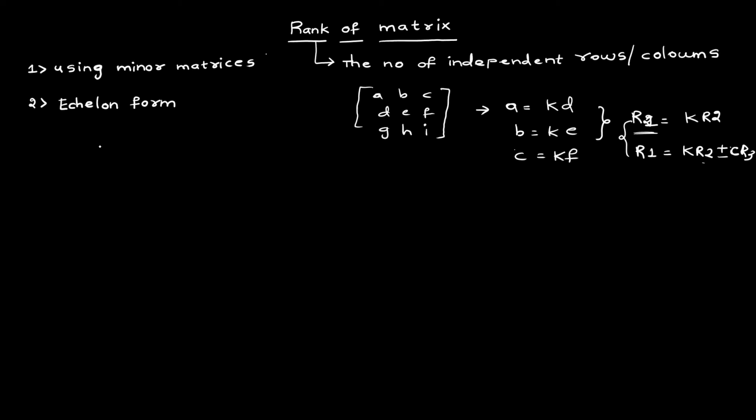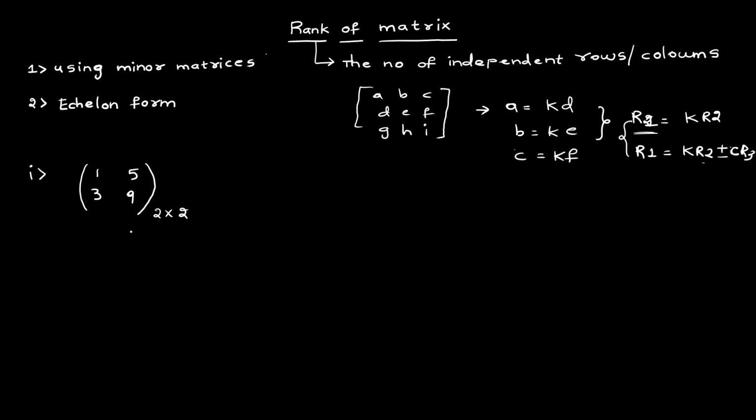So first, we will take a 2 into 2 matrix and try to find its rank. This is example number 1. Let's assume the matrix 1 3 5 9. We need to find the rank of that, and you need to always remember that this is a 2 into 2 matrix.